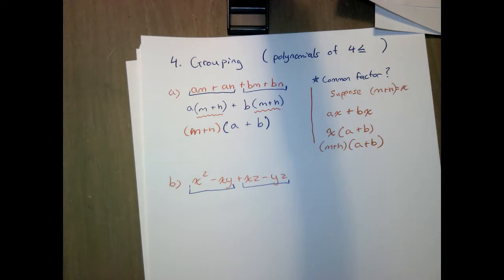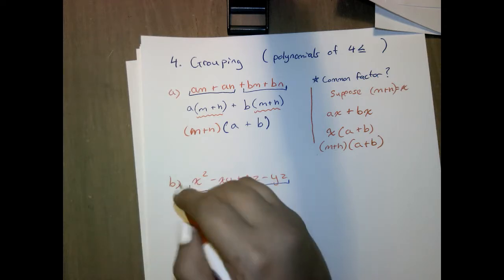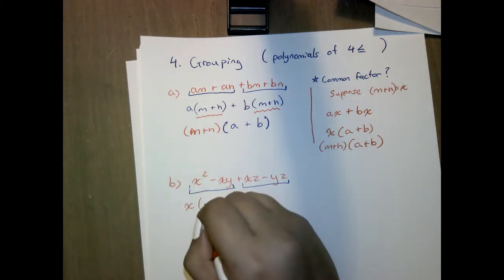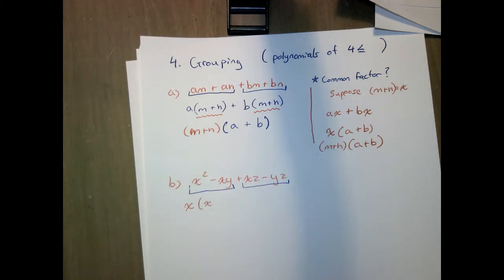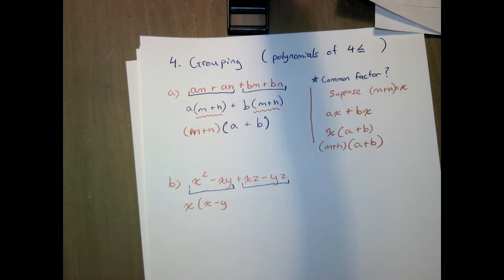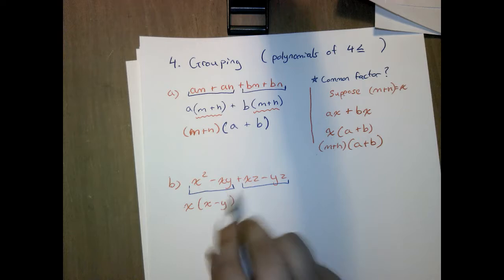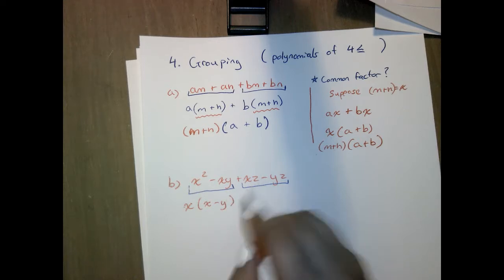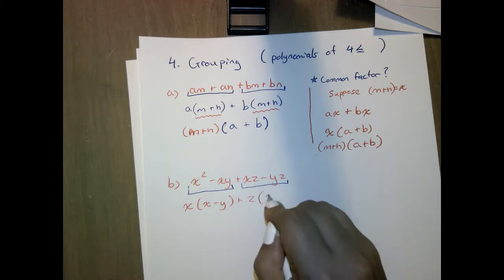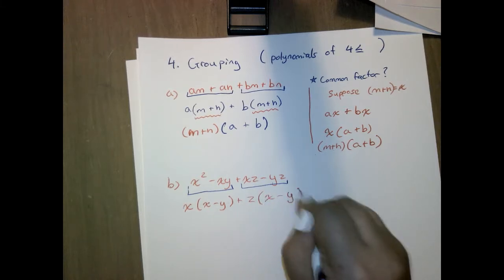So in my first group, I can factor out an x, and I'd be left with x times x would be x squared, and x times y would be xy. And then when I look at my second group, looks like I can factor out a z, and I'm left once again with x minus y.